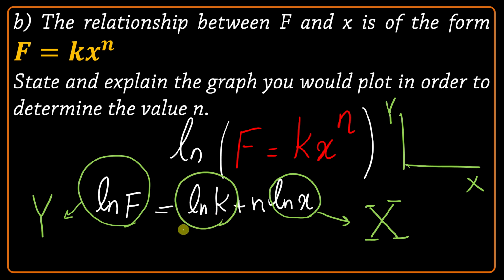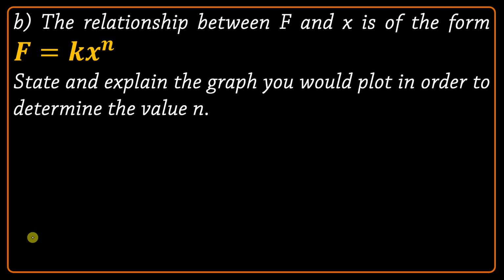This line will start from ln k here, and then it will be an ascending line with a slope of n. Good. That's all. Look at this again. I can show you again. ln F will be ln k plus n natural logarithm of x. Okay?